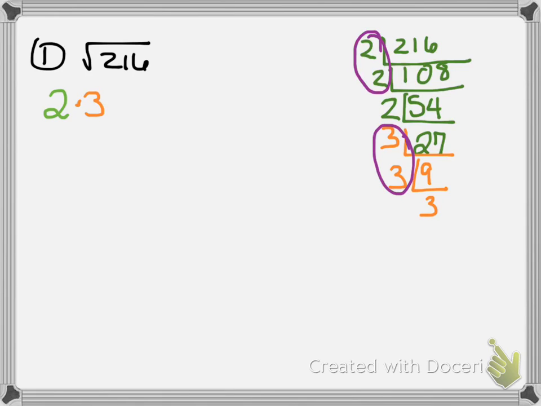We have things that are left behind, though, now. We have this 2 and this 3 left behind. It's going to go under the square root. So we'll end up with a square root of 2 times 3. And so we end up with 6 times the square root of 6 as your answer.